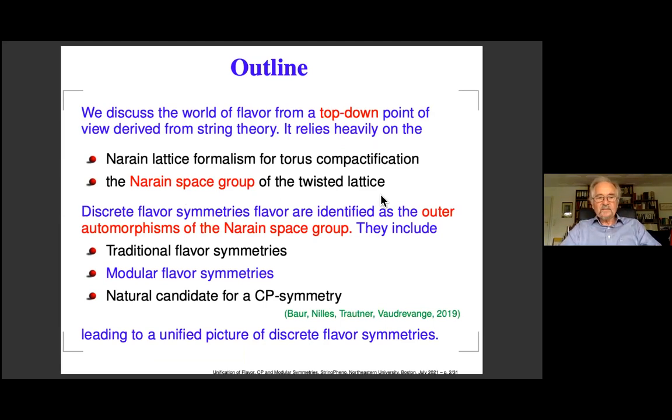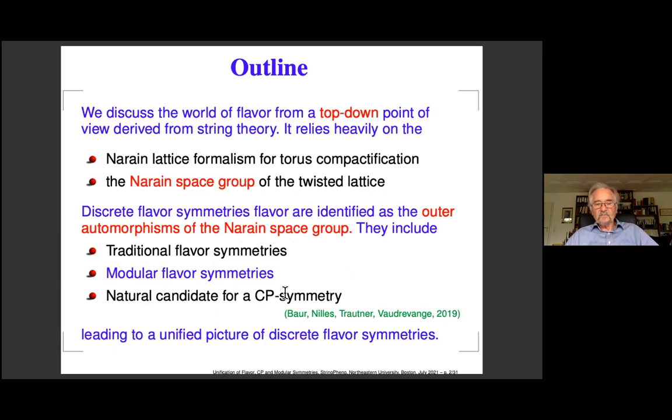It relies heavily on the Narain lattice formulation for torus compactification, and in fact, the Narain space group of a twisted lattice. The discrete flavor symmetries can be identified as the outer automorphisms of the Narain space group. They include various components like traditional flavor symmetries, which we know already, modular flavor symmetries, and they also contain a natural candidate for CP symmetry.